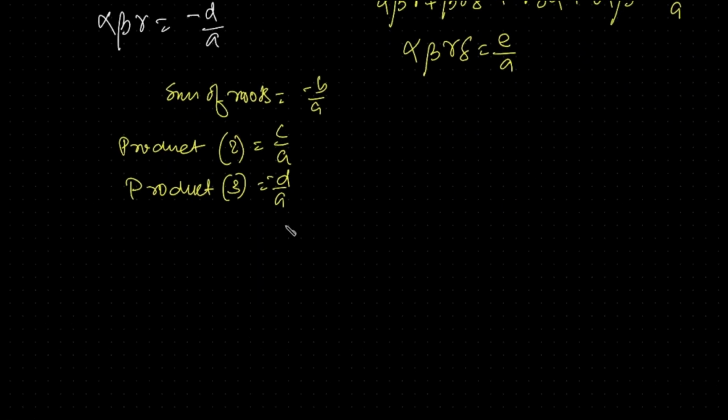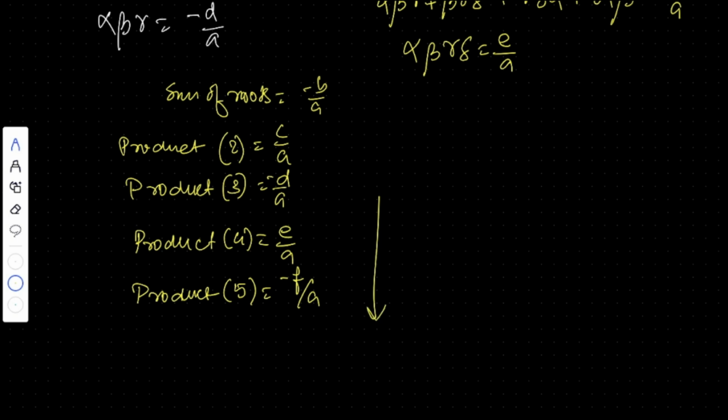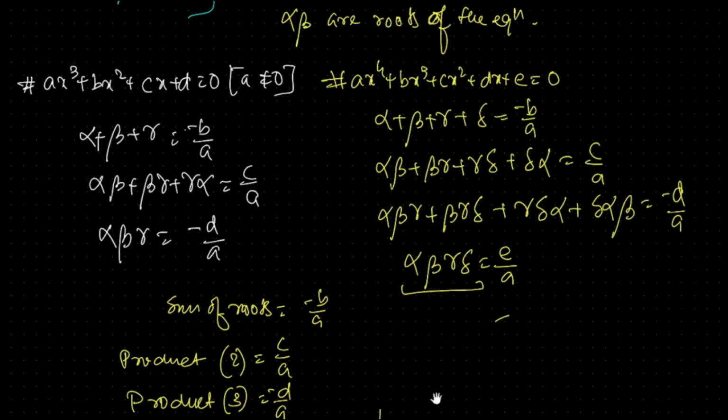Product of roots taken 4 at a time becomes e by a. Product of roots taken 5 at a time equals minus f by a, and it just extends. Perfect. Now, this is what we call Vieta's theorem.